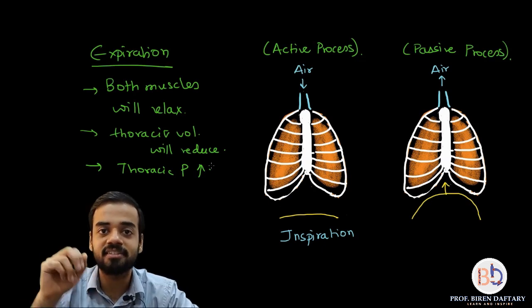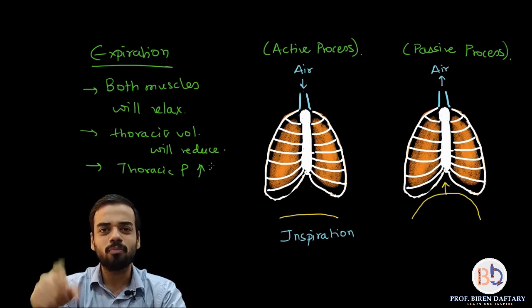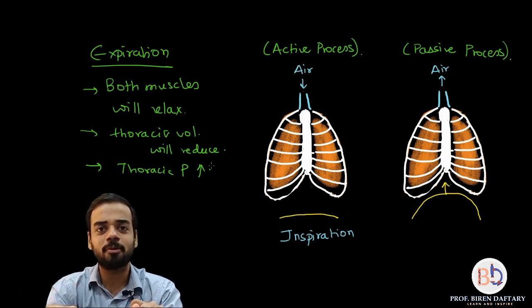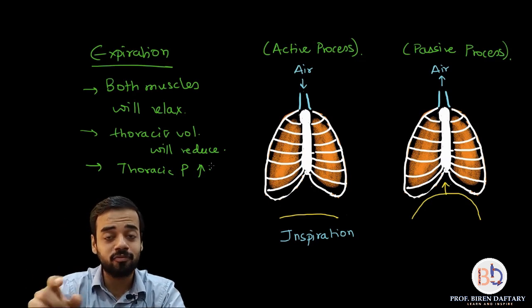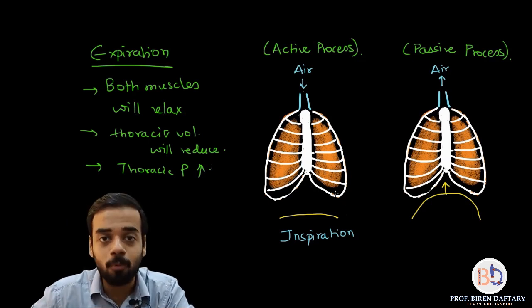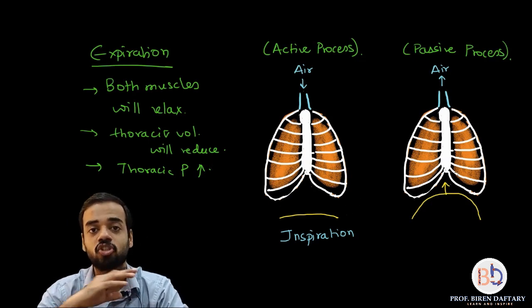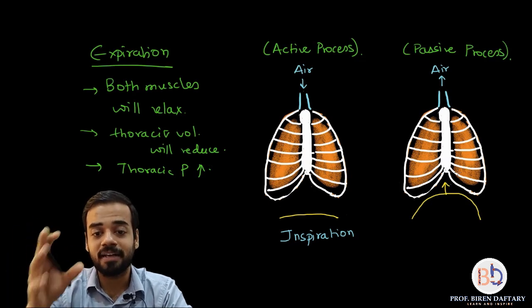It doesn't require energy. Similarly, muscles require energy for contraction. Contraction is like coiling up of muscle, that is why the length decreases and thickness increases. But for relaxation of muscles, no energy is required. Since in expiration both the muscles relax, energy is not required, hence expiration is a passive process.